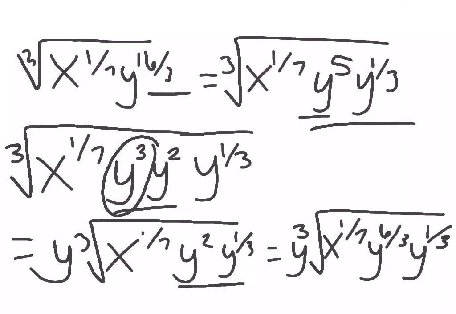So I have y times the cubed root of x to the 1/7, y to the 7/3. Let me go ahead and write that down here.